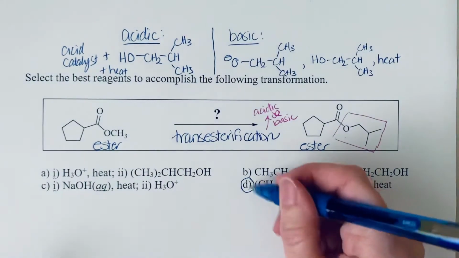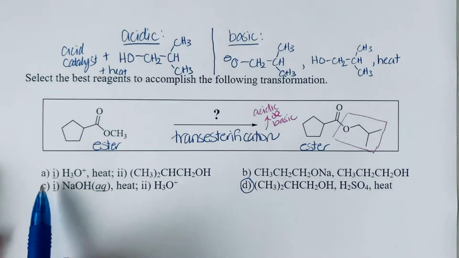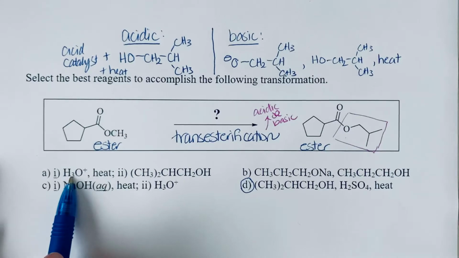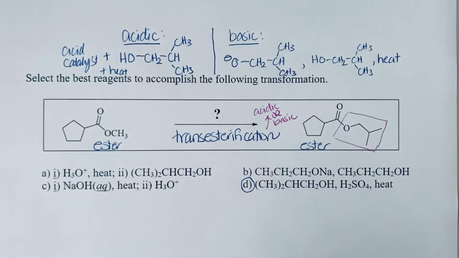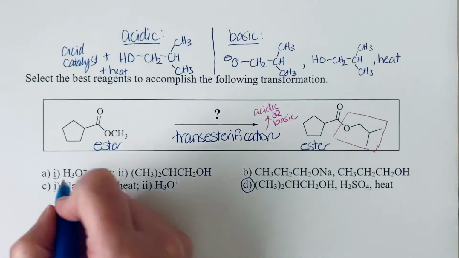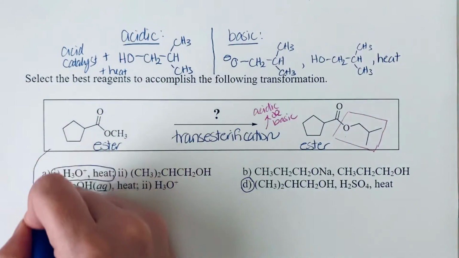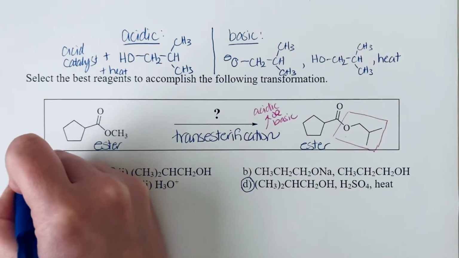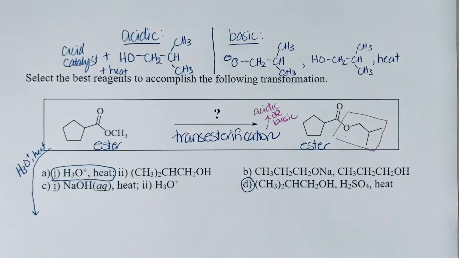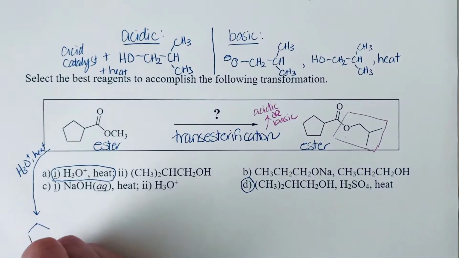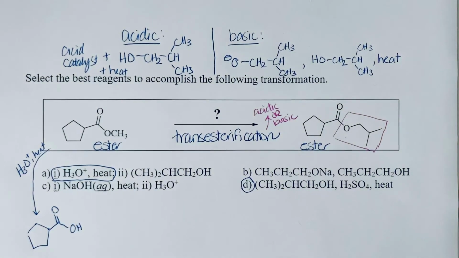I compared B and D because to me, those are trans-esterification conditions. A might trip you up a bit because you do have acid, you do have heat, and you do have the right alcohol. But notice that these are two separate steps. Step one, if you took your ester and it went through that reaction, H3O plus and heat, that's an acidic hydrolysis. That would hydrolyze your ester and you would get the carboxylic acid.